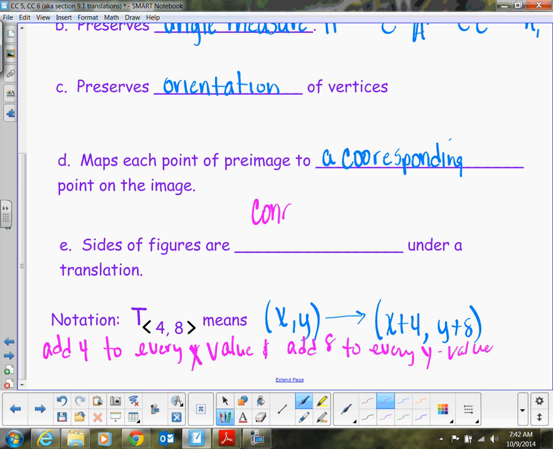Sides of figures are congruent and parallel. I think so. Let's go to the next page.